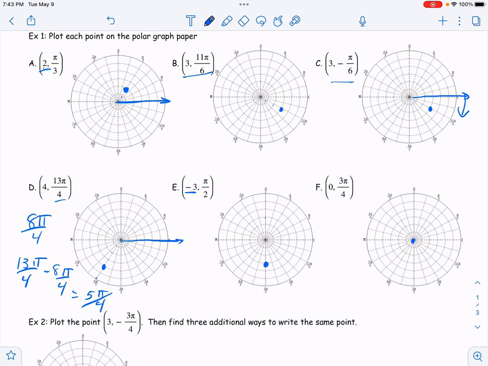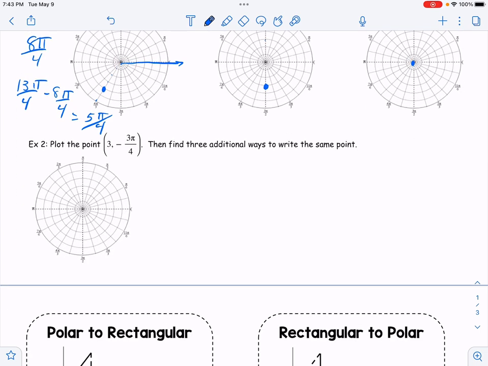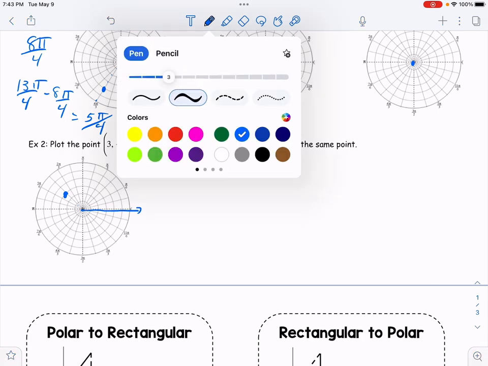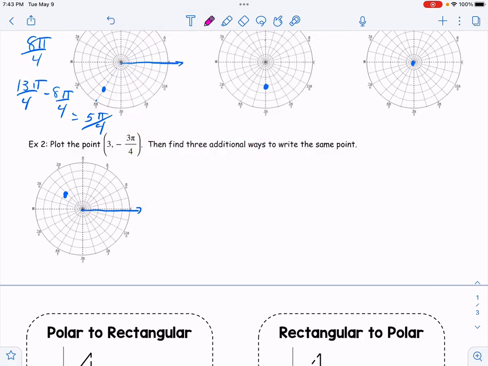Okay? Now, it says plot the point and then find 3 additional ways to write the same point. So if I go negative 3 pi over 4, that brings me up to here, 1, 2, 3. Okay? I could have also, because here's 0, I could have rotated this way.